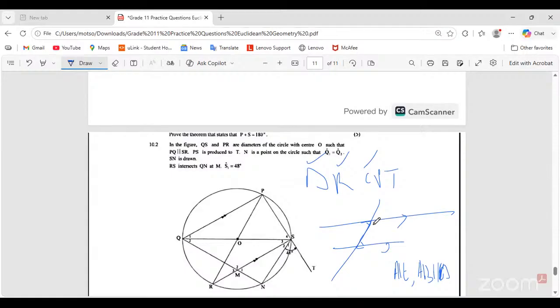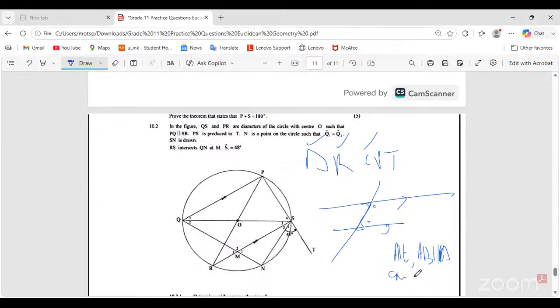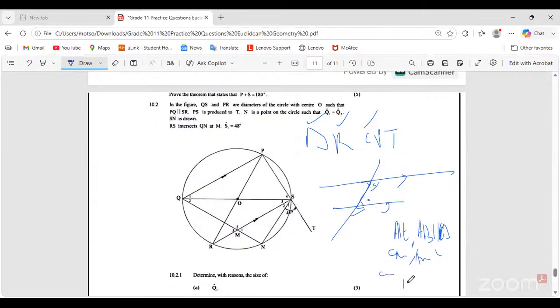Now, this angle and this one are supplementary because they add up to 180 degrees, co-interior angles. Also with co-interior angles, state your parallel lines, okay? And we have corresponding angles. This angle is equal to that angle, corresponding angles, because AB is parallel to CD.